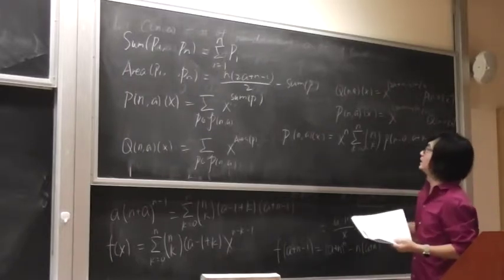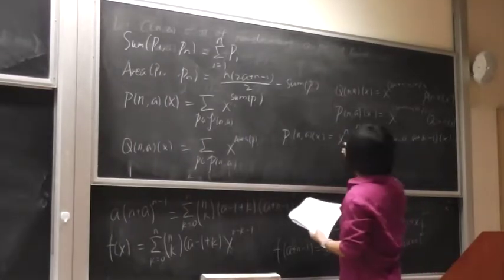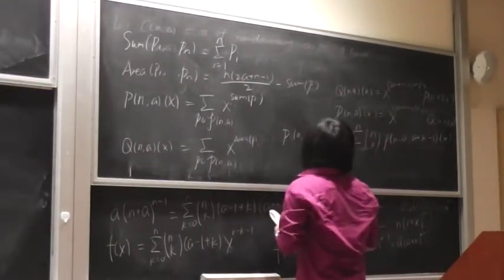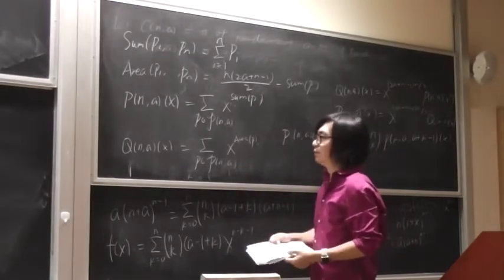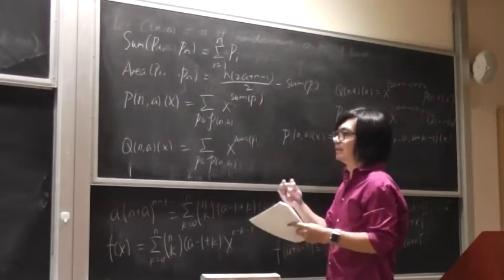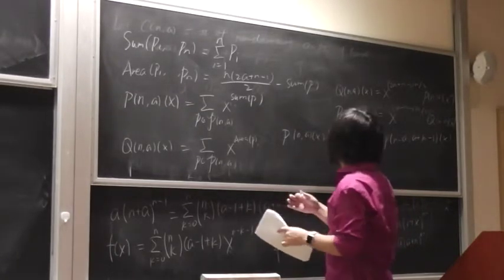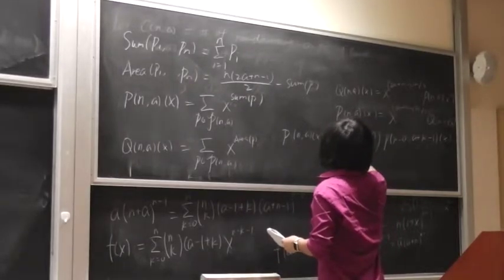So the only difference is here we have x to the n, and for the other there's no such term, because when we consider the number of ones and delete them, and then for each remaining term subtract 1, it means after one operation, the sum of the parking function will be n less than the original one. So here we need to add x to the n.